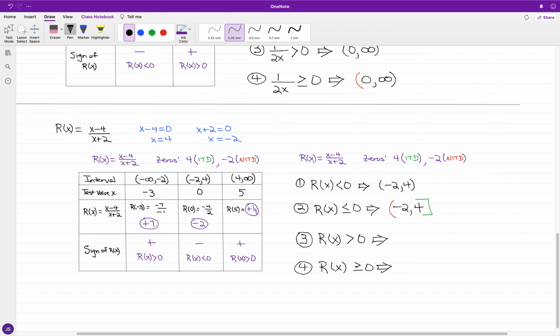For the greater than 0, we're looking at the first and the last sets of limits. Again, no equal sign, so we have exclusively the use of parentheses for the grouping symbols. And for r of x greater than or equal to 0, you have the same limit values to group.